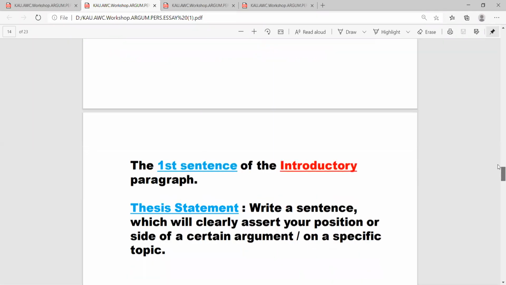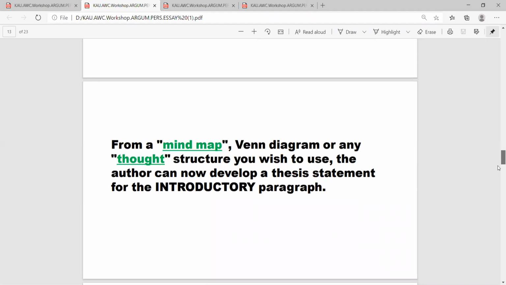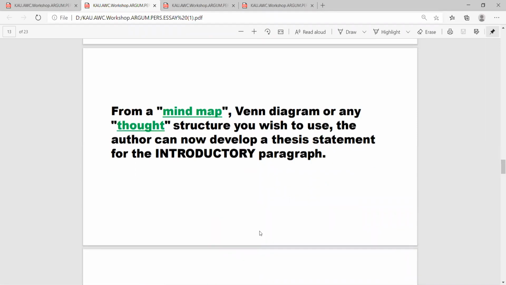Okay. Here I put mind map. I think you're all familiar with a Venn diagram. We learned that in mathematics, but it's used in other disciplines. For example, the arts and literature, the Venn diagram of thought structure.